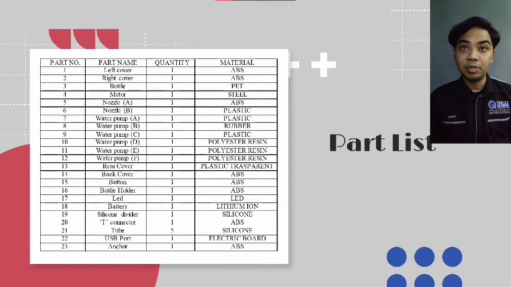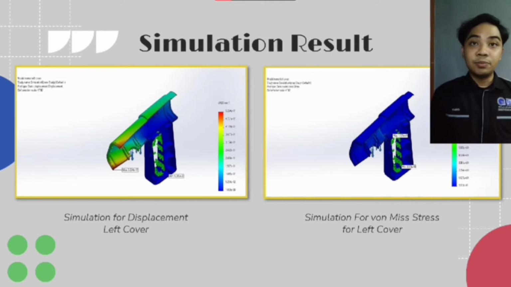Now I will explain our parts list for this nano sanitizer spray. From the table, there are a total of 23 parts after we disassembled the product, and we found that most of the parts are made of ABS plastic and other types of plastic too. For this simulation, we chose 5 Newton for the force.